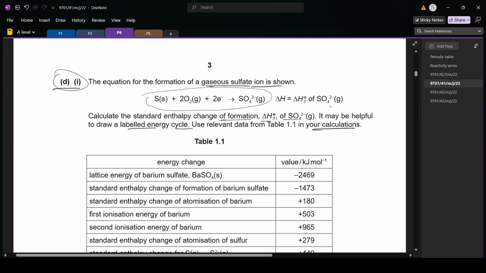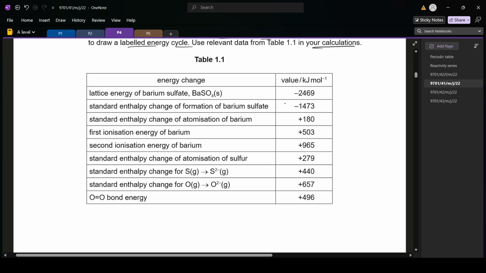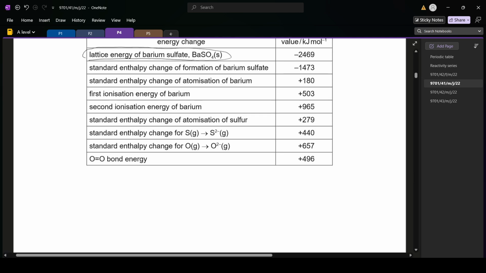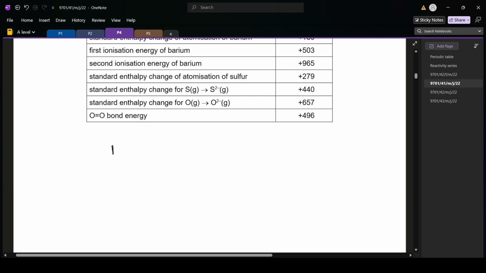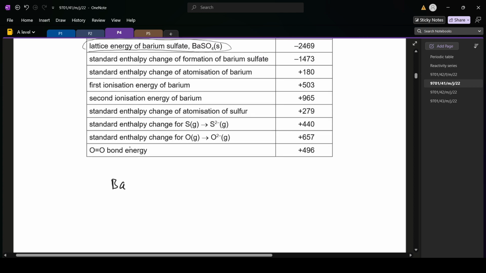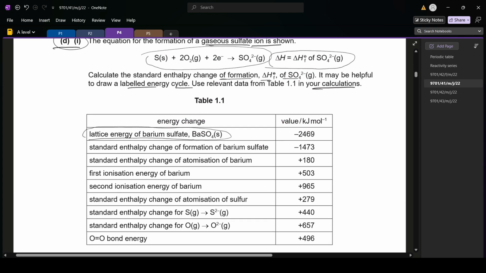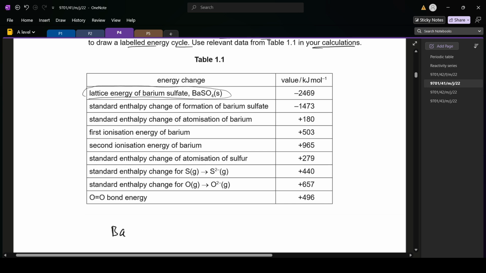So you can't directly calculate the enthalpy change of formation of sulfate, so you have to construct a cycle. You are given the enthalpy change of barium sulfate. The definition of this enthalpy change is the formation of 1 mole of a compound from its gaseous ions.